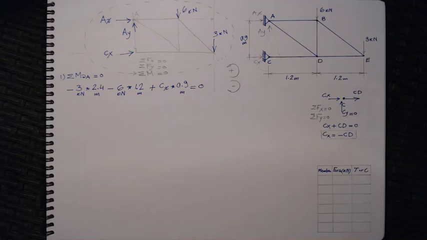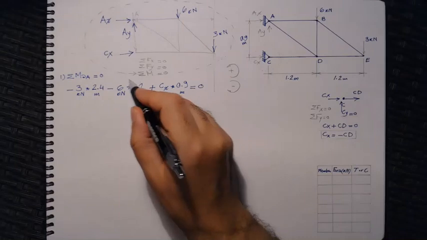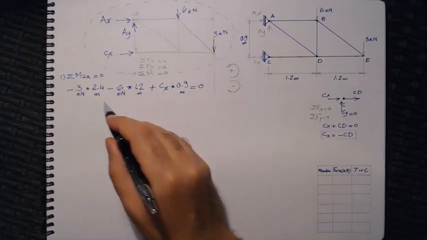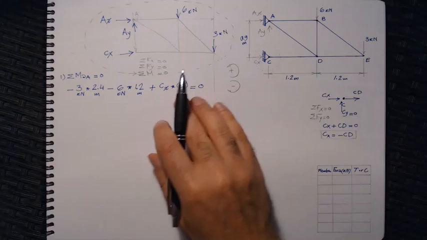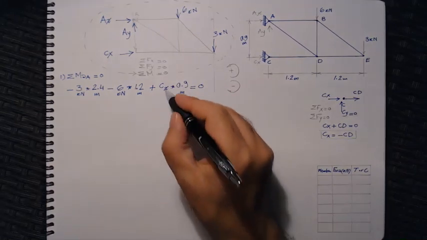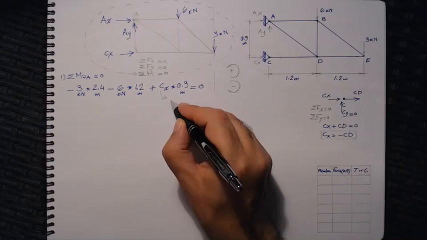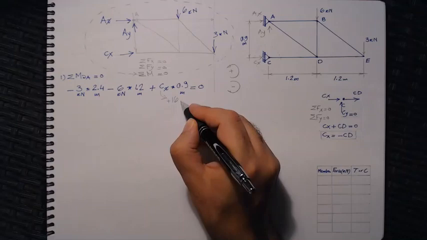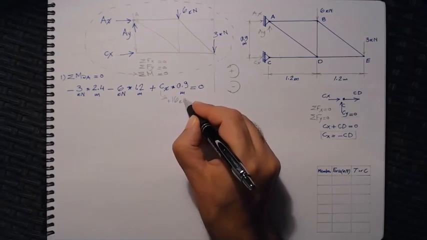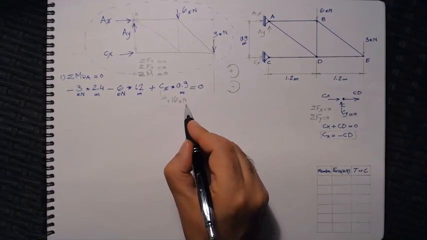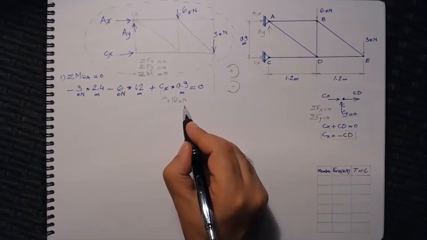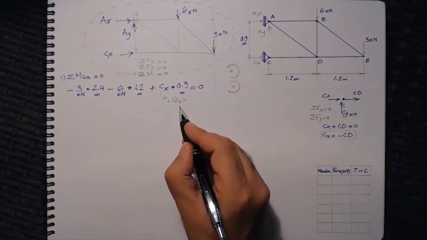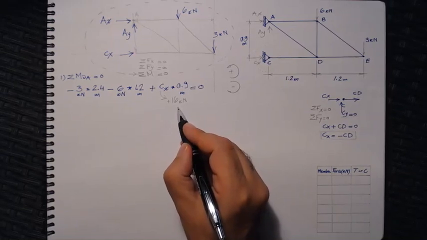So I did the math, and when you do this side and bring it to the other side and then divide by 0.9, you will figure out that CX is positive 16 kilonewton. The units are worth marks, so remember to ask yourself, is this kilonewton, is this newton?